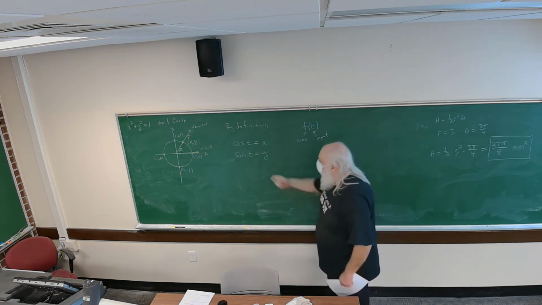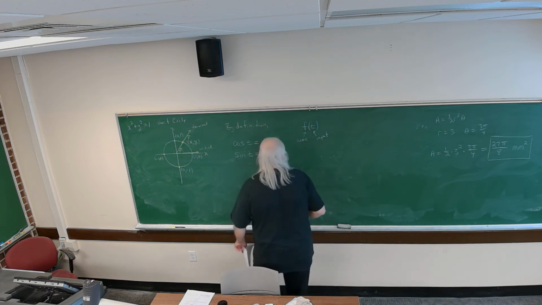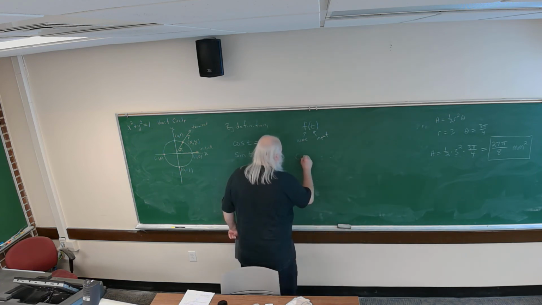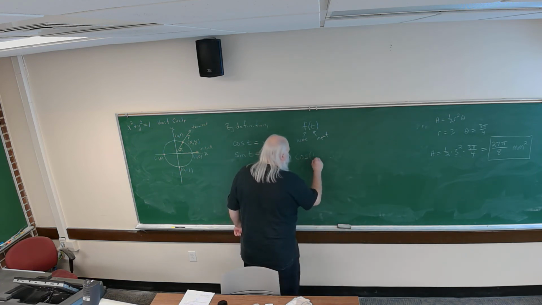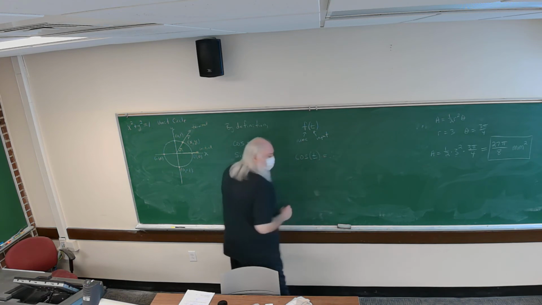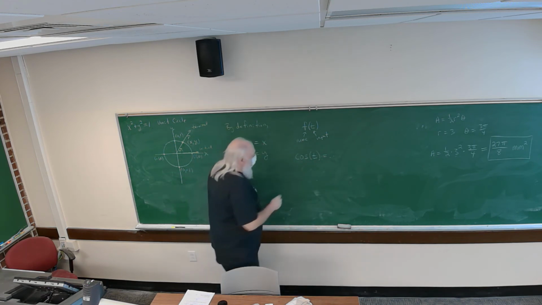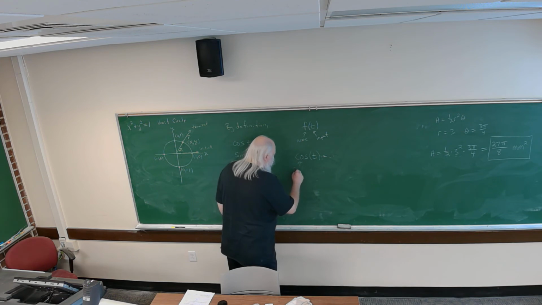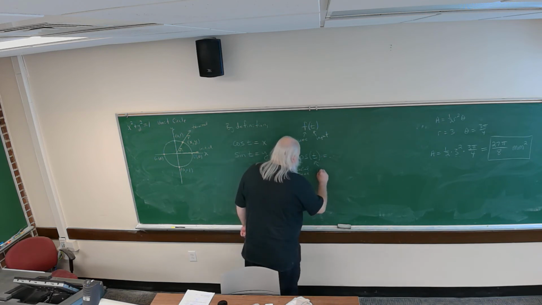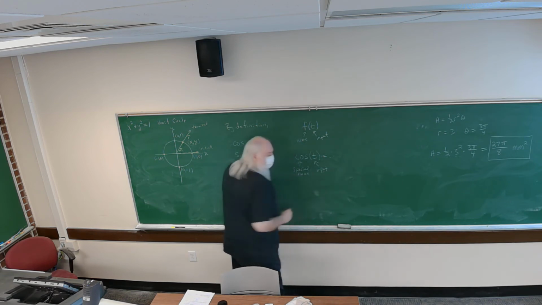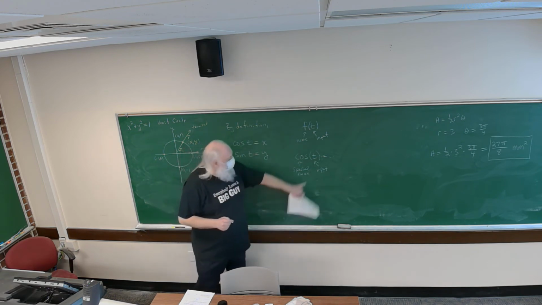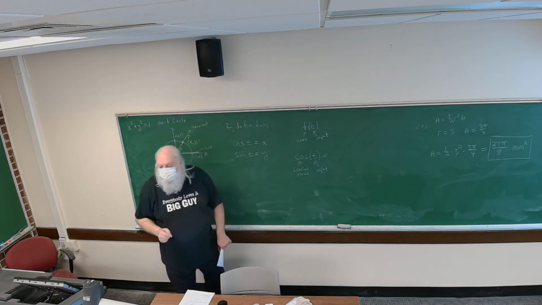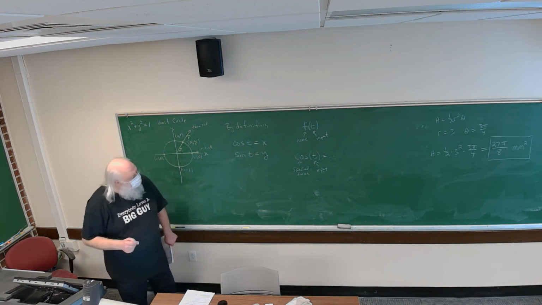And so cosine t could be written as the cosine of t. Cosine is the special name of a function, and t is the input to that special function. The input is the angle t in radians.